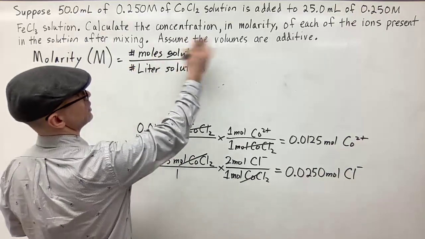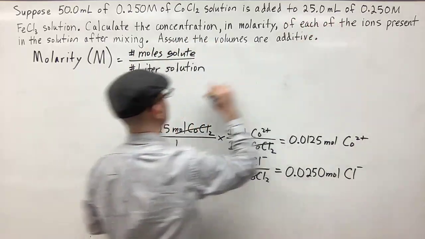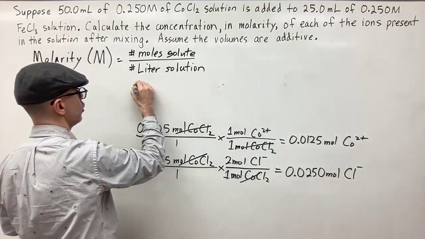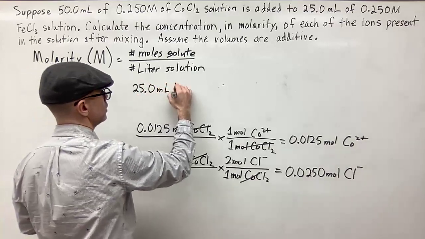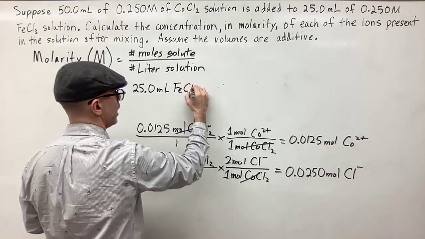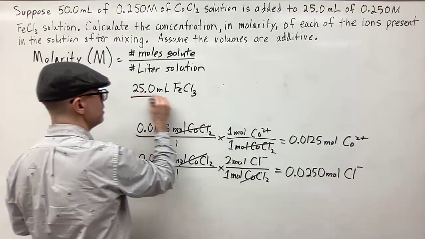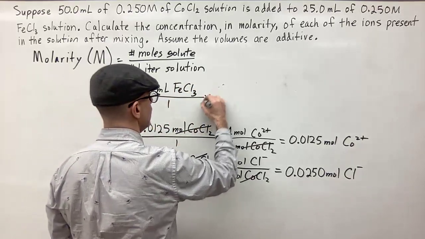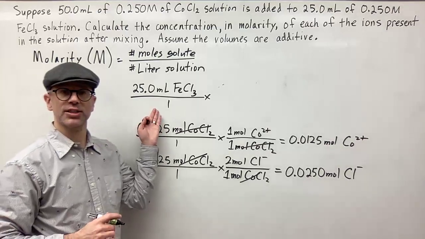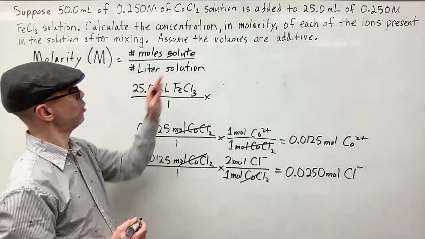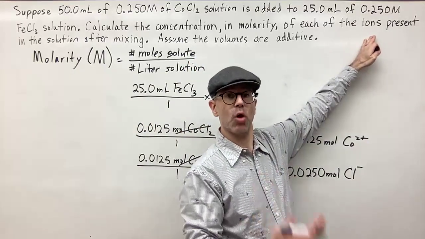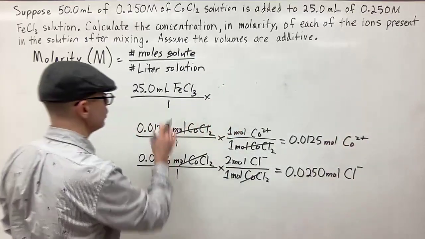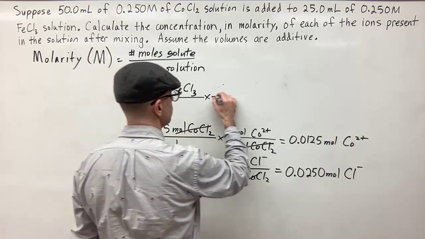So they give us 25 milliliters. So again, we're going to start with the volume, 25.0 milliliters of the iron 3 chloride over 1. And again, I want to convert this to liters first, because I'm going to use the molarity again to convert liters to moles.